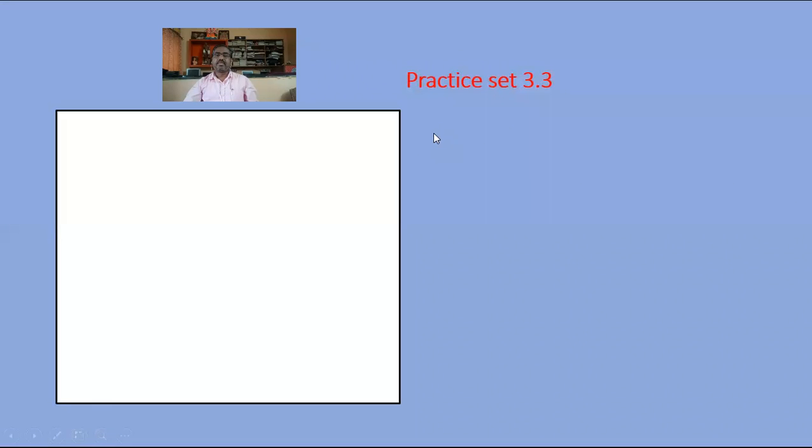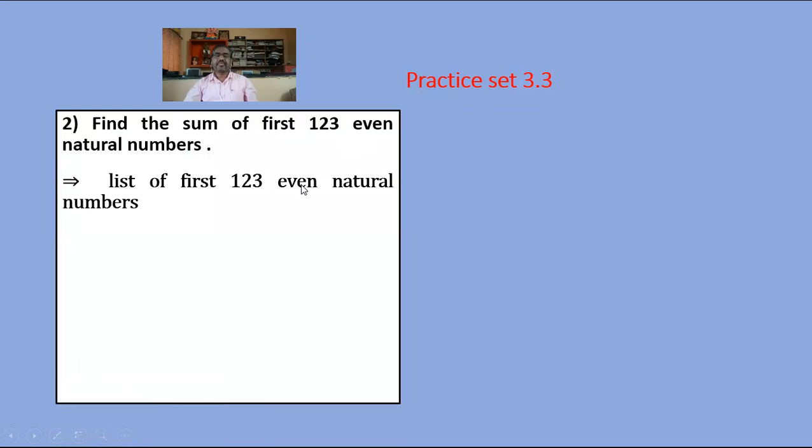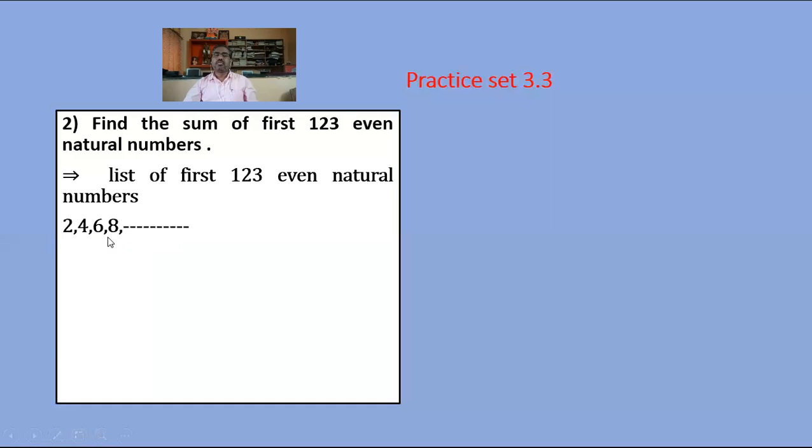Problem number 2 in practice set 3.3. Find the sum of the first 123 even natural numbers. पहिल्या 123 समसंख्याची बेरीज किती? List of first 123 even natural numbers: 2, 4, 6, 8, ... up to the first 123 even natural numbers.